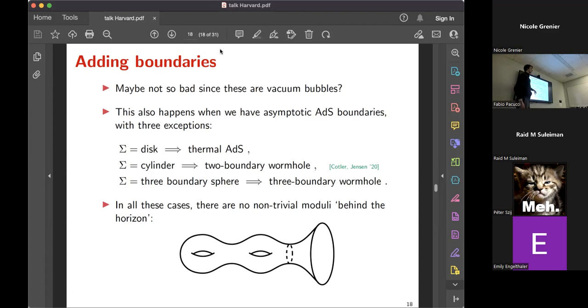So let me explain this, and then I think you'll understand. The reason why they're finite and the other ones are infinite is that if you draw some topology like this, so this is sigma, it has some asymptotic boundary, but there's some complicated topology here. And now you're trying to describe the Hilbert space here. You have to keep track of this beta because there are these boundary gravitons. The fancy way of doing this is to do equivariant quantization.